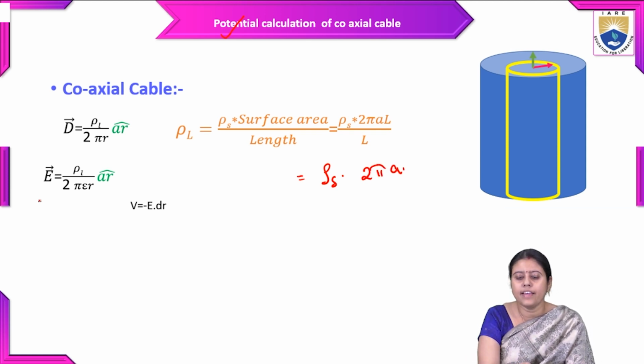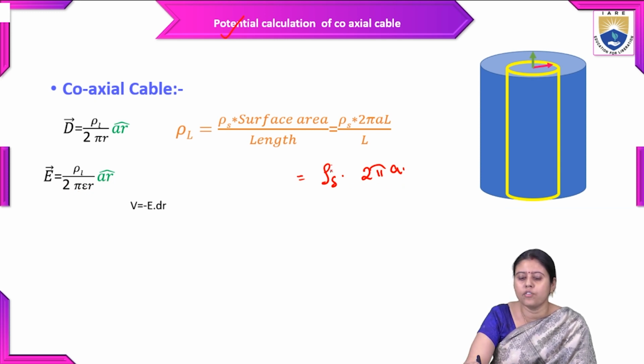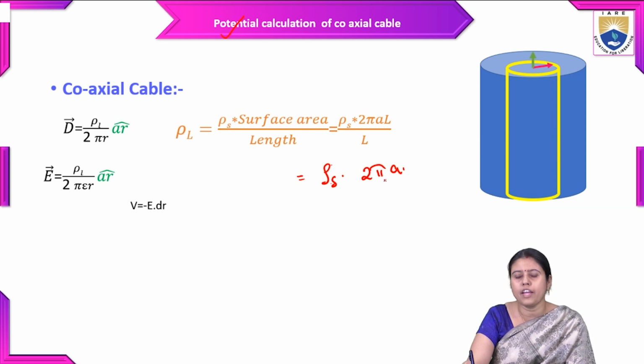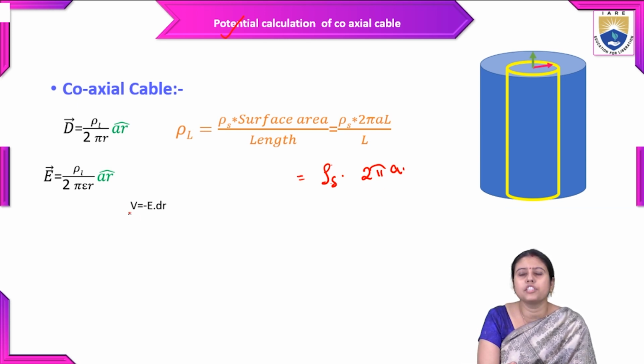So what is E? E is equal to rho L by 2 pi epsilon R AR, or we can write rho S 2 pi A by epsilon. What is potential?